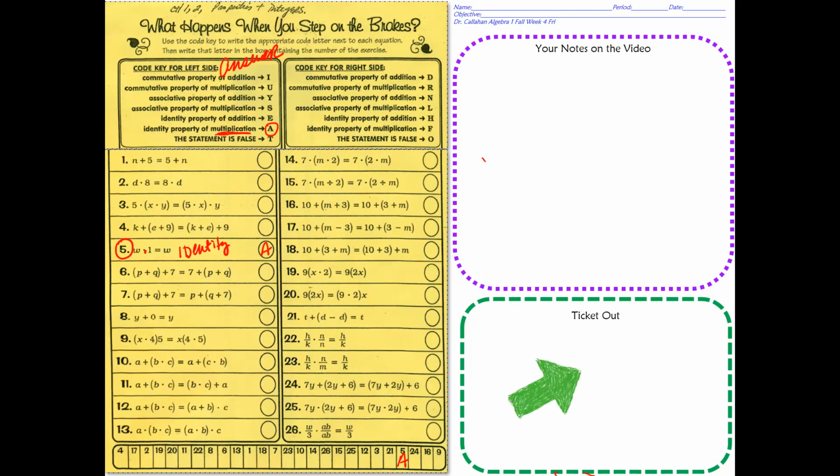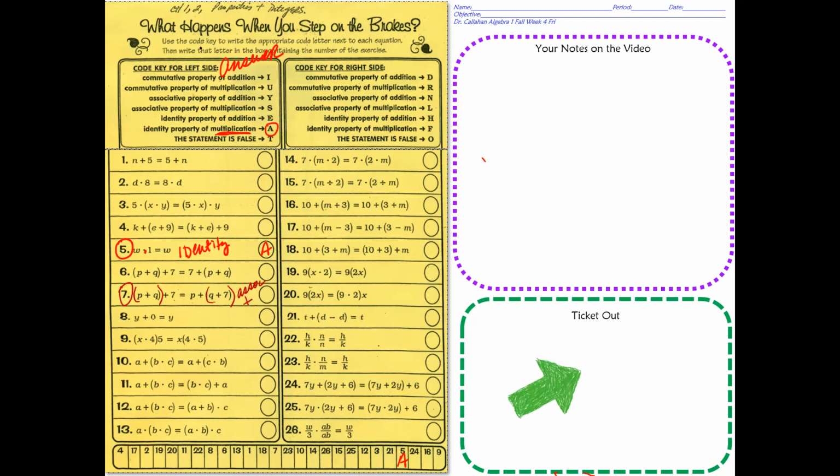Then let's take a look at number 7. Number 7, you have P, Q, 7. First, P and Q are friends, but then they had a fight, and now Q and 7 are friends. That sounds like associative property of addition to me.